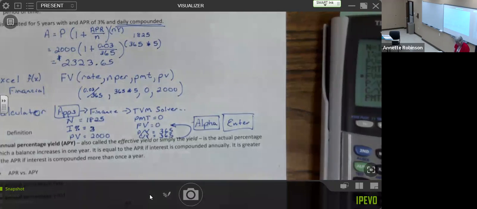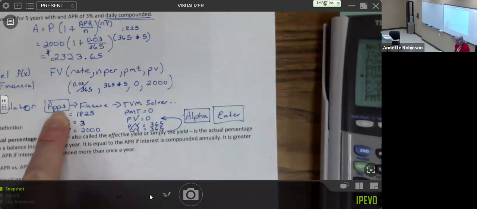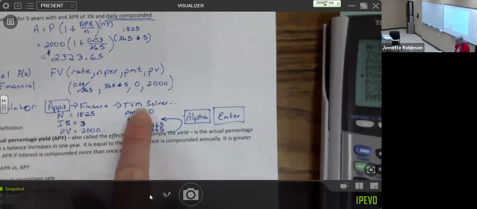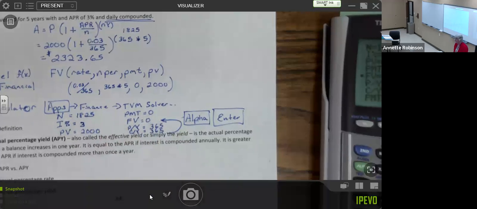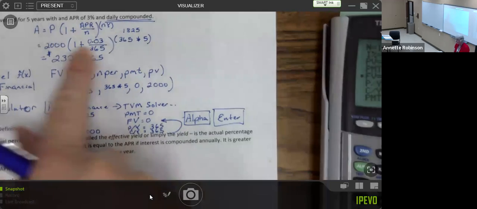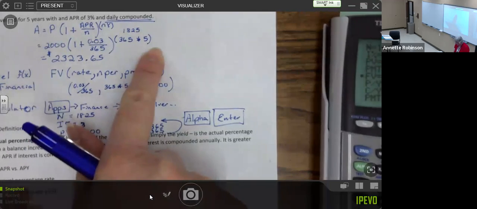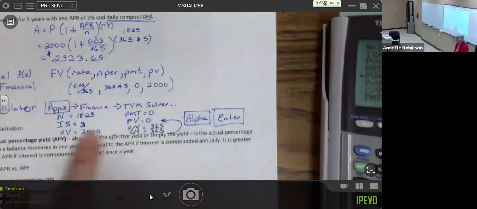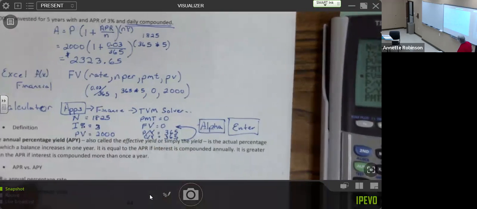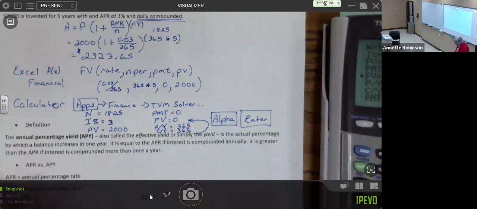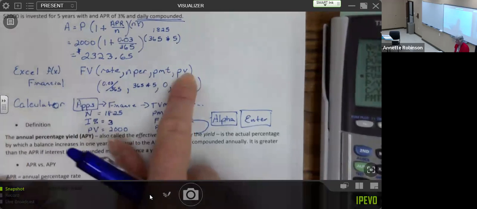Now, if you use your calculator with apps, tell me the apps, and just like we did, tell me what numbers you put in. That's showing me your work. You wouldn't have to show me this, but it would help you fill in this information. You don't have to show me that. If you're doing it in Excel, again, I'm going to find this in Excel.